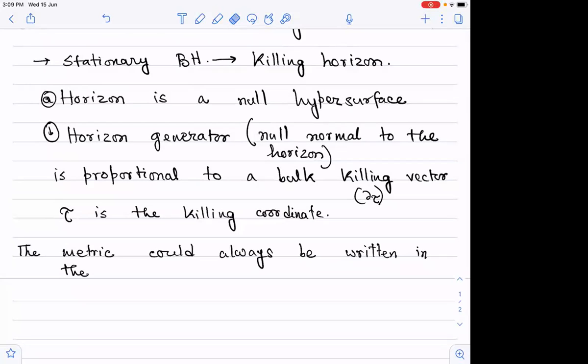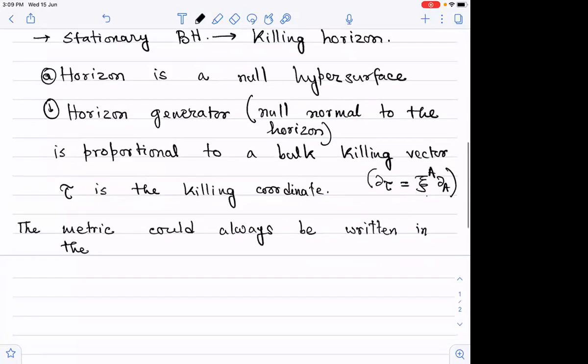Give a name to this vector, del tau: this Killing vector is called psi. In this particular coordinate, it is del tau. We've chosen the coordinate to be tau.